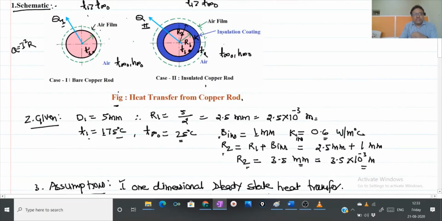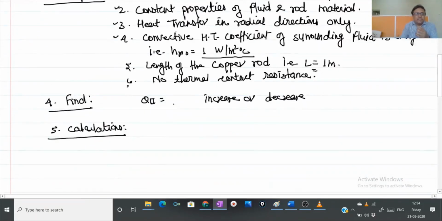So thermal contact resistance may come into the picture at this interface. Nothing has been given about the thermal contact resistance, so we are neglecting it. So assumption number 6 will be no thermal contact resistance.